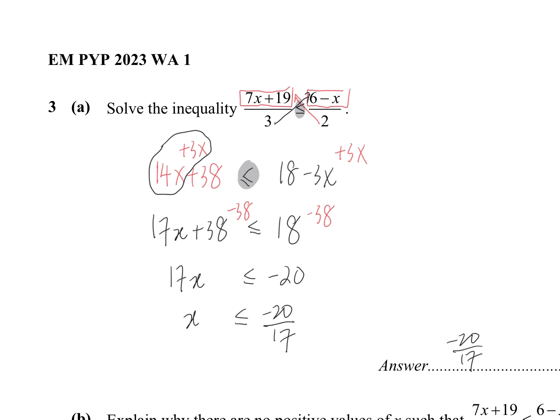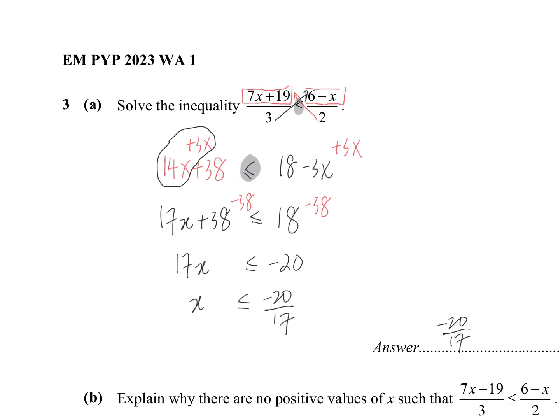Remember, inequality solution is a range. You cannot give me one value. So the moment you write this here, you lose your answer mark. Remember, copy the whole thing down. Because this is E-math, technically you should give me a mixed number solution, but I never penalize this time round.